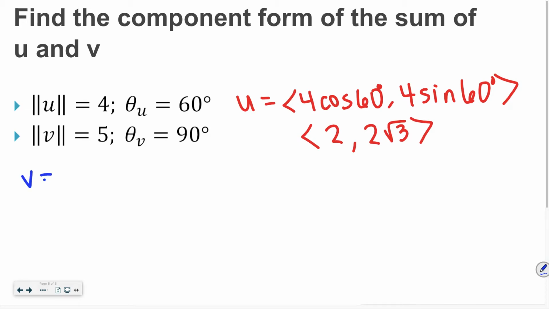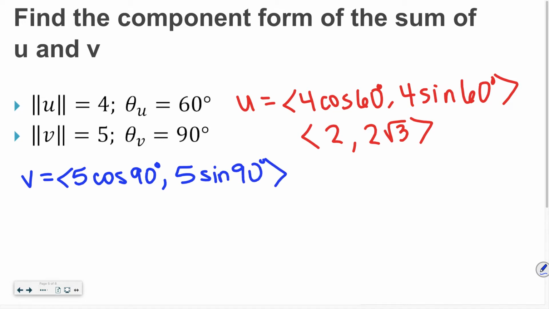Vector V has a magnitude of 5 and an angle of 90. So if we break that apart to horizontal and vertical, what's our horizontal component going to be? Vertical? 5. Okay.